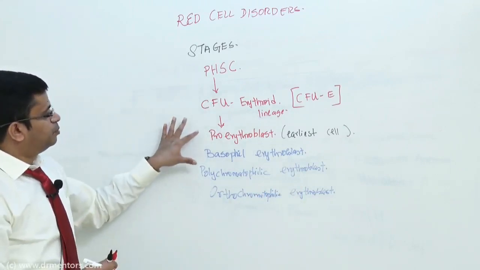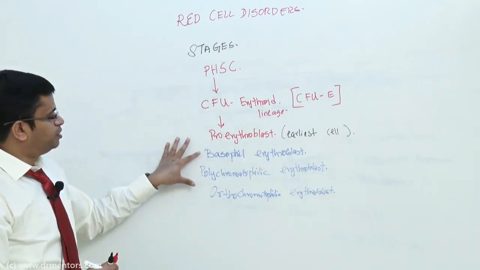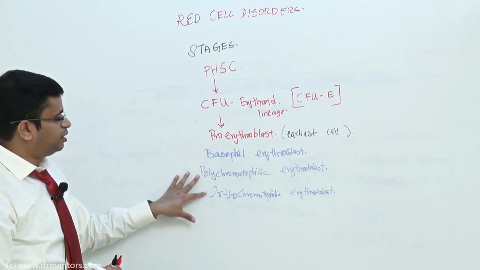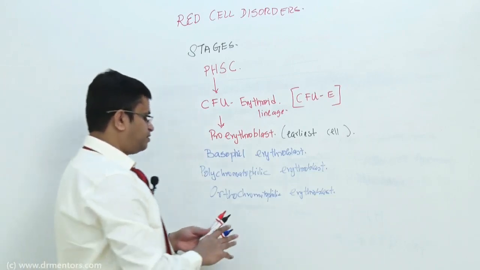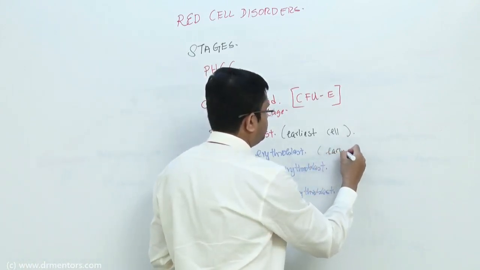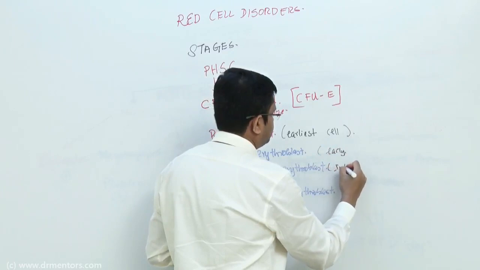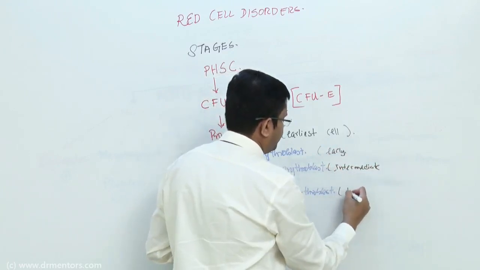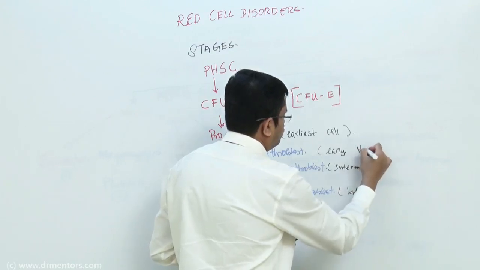So the proerythroblast gives rise to the basophilic erythroblast, polychromatophilic erythroblast, and orthochromatophilic erythroblast. In fact, some of the textbooks even say they are known as early, intermediate and late normoblasts.